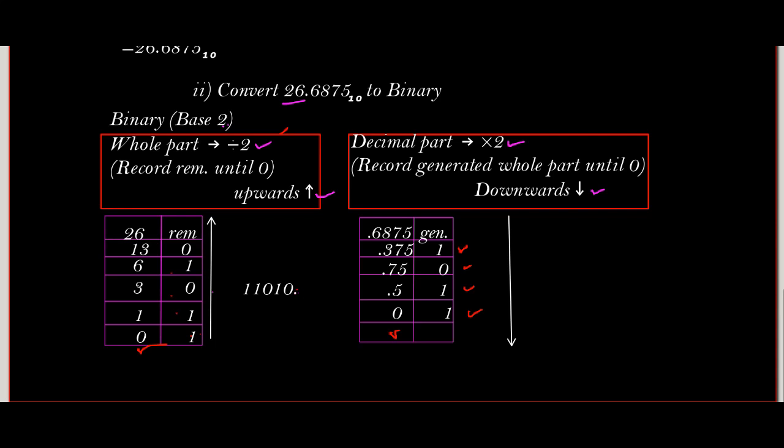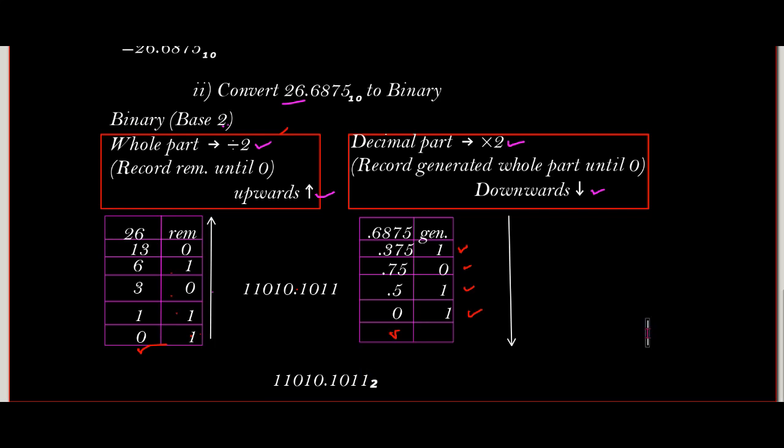Remember, when you are converting a total value to binary, the whole part you divide by 2 until you get 0. The decimal part you multiply by 2 until you get a 0. So the process for converting a whole part is very different from the process for converting a decimal part. So there we'll have 11010.1011 to base 2.